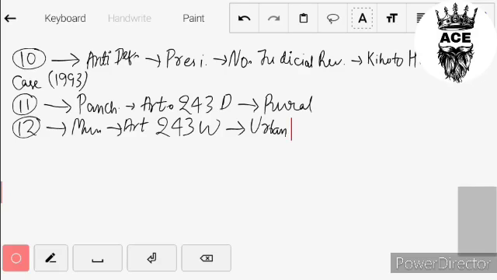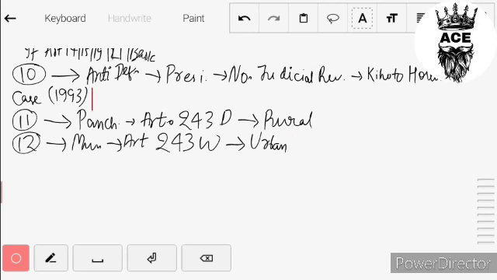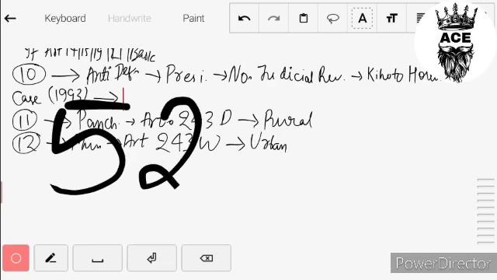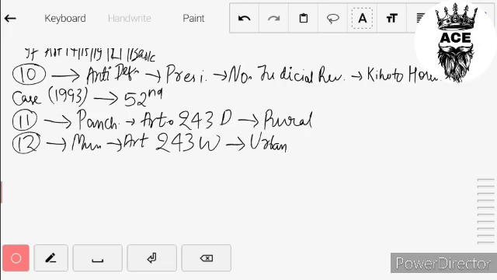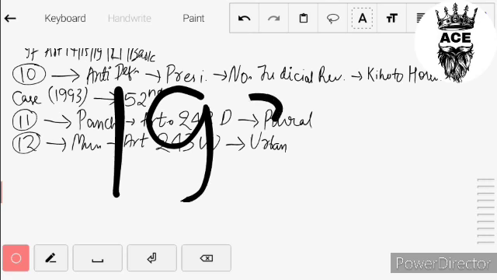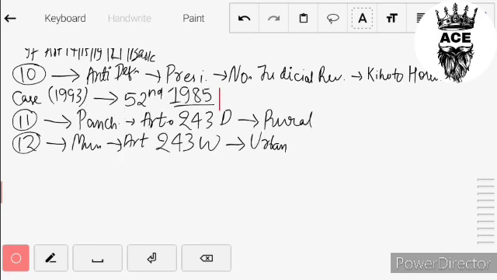Okay, there are some things which we have missed out from here. The 10th schedule was added by which amendment? That was the 52nd amendment act. The year is what? 1985. It was added in the 1985 amendment, that is the 52nd amendment act.